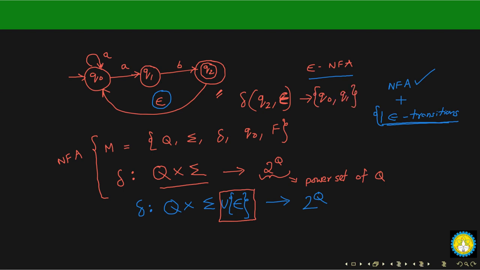So there is nothing wrong in having an epsilon transition back to Q1. This is perfectly okay for an epsilon NFA. That's how we define the mathematical definition of an epsilon NFA. So importantly, you have to remember this fact.